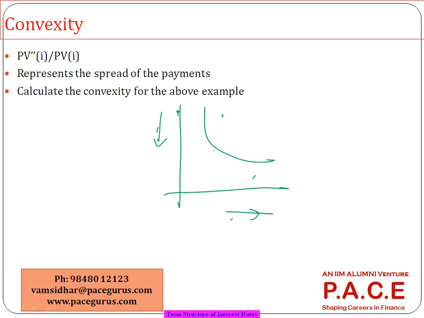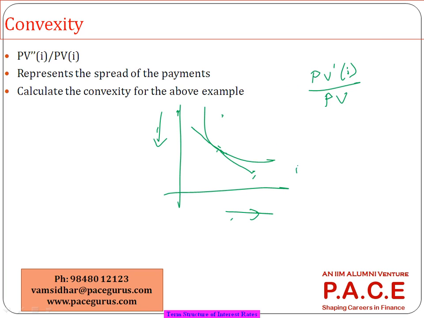And when we took the duration, it is nothing but the first derivative, because we said PV dash with respect to I divided by PV, which, if I'm looking at a curve, is nothing but the tangent to the curve. Duration is nothing but the tangent to the curve.